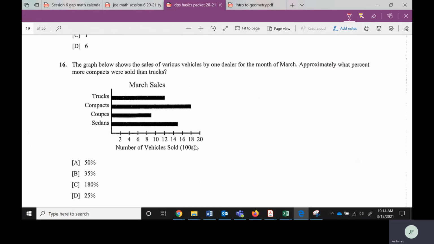It says the graph below shows the sales of various vehicles by one dealer for the month of March. Approximately what percent more compacts were sold than trucks? So first of all, it doesn't say how many more, but let's figure this out first. Compacts, if we look here, there's 18. Trucks, we go here, down 12.